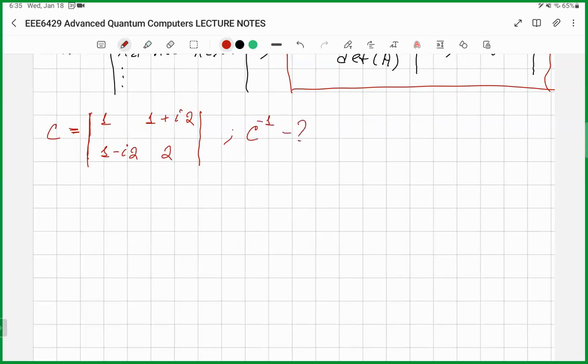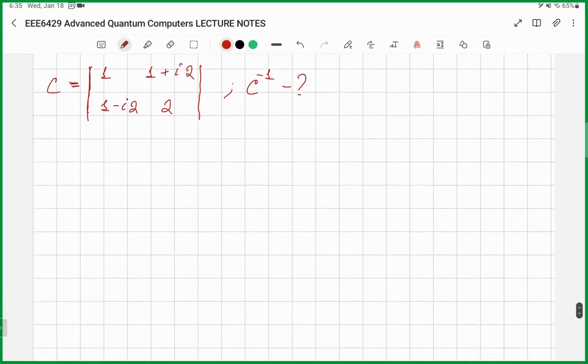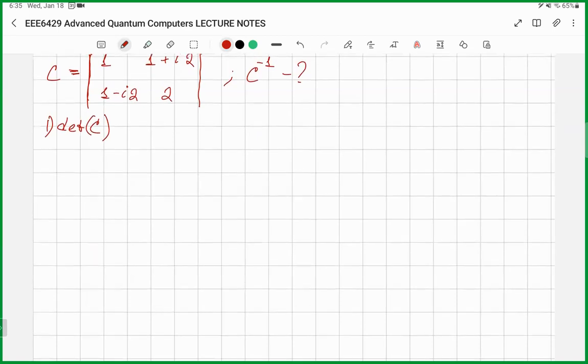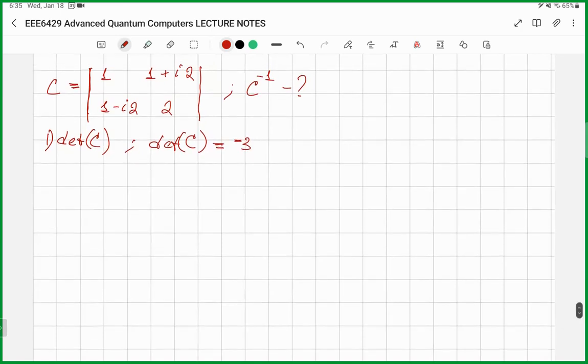How do we do so? The procedure is as follows. First we find the determinant of this matrix. We already did that, and in our case, the determinant of our matrix C is equal to minus 3. See the previous example, minus 3.